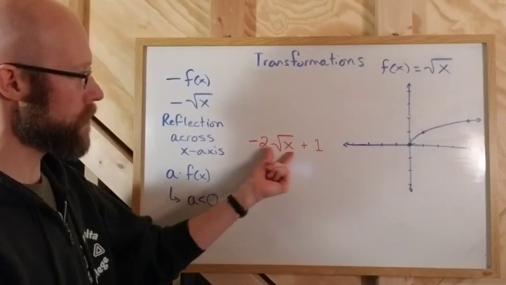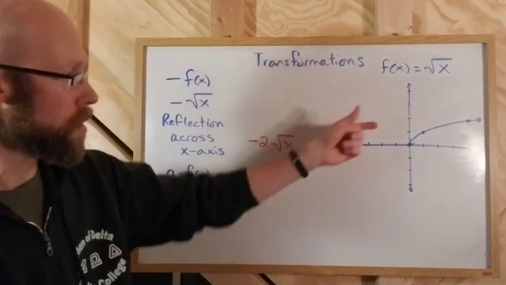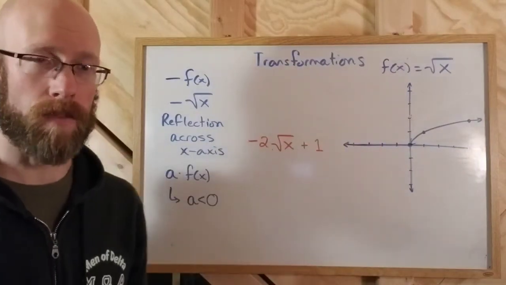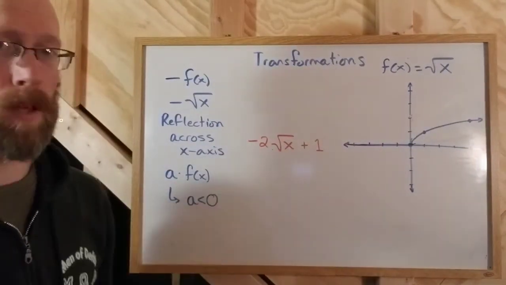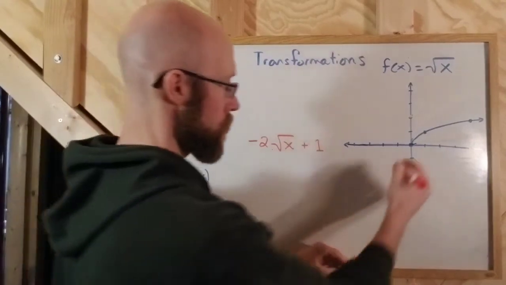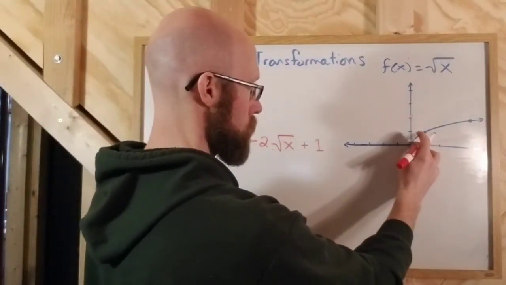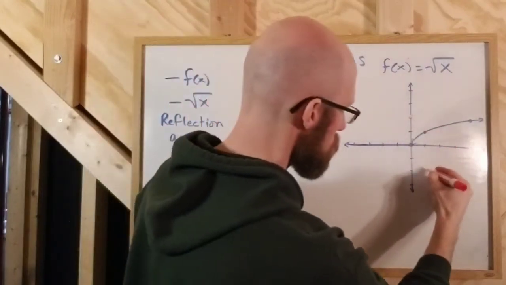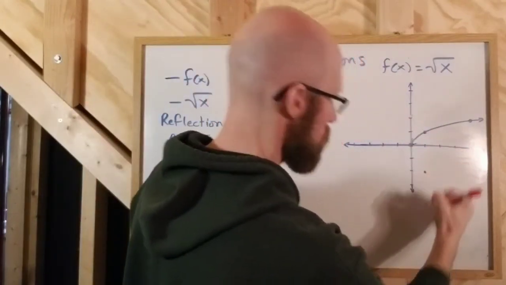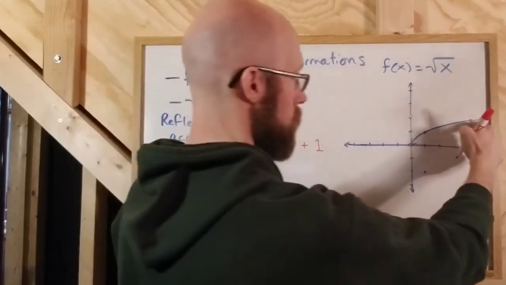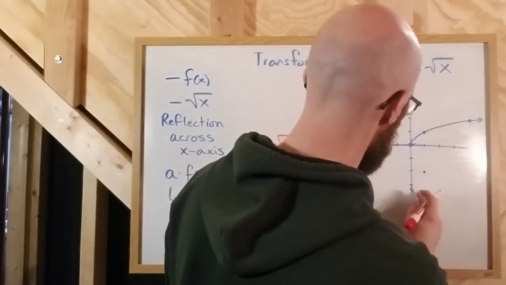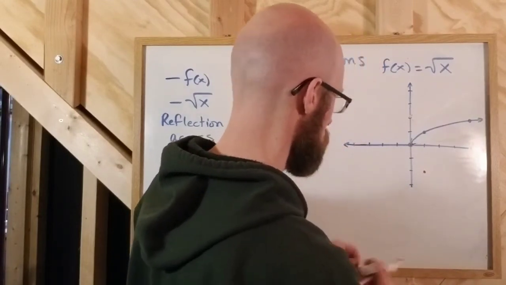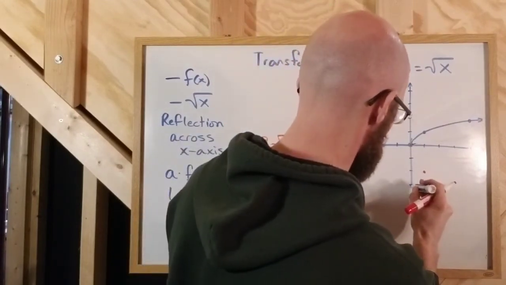And so this negative 2 that's multiplying the root will both reflect and stretch the graph out. So you take the outputs and multiply by a negative 2. So 0 will stay 0. 1 will become negative 2, so it's reflected and stretched away from the x-axis. 2 will become negative 4, which I did not draw on my graph, and I should have drawn that farther down.